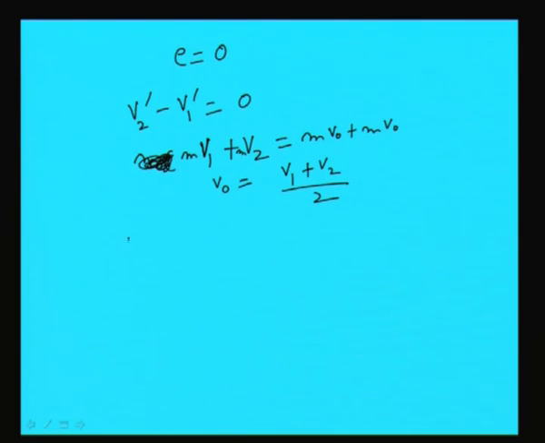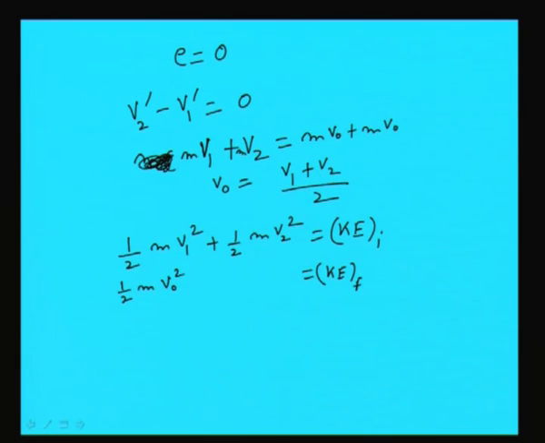So in the beginning you have the kinetic energy half m1 V1 square plus half m2 V2 square, but finally the kinetic energy, so this is KE initial, and KE final is half m V0 square plus half m V0 square.